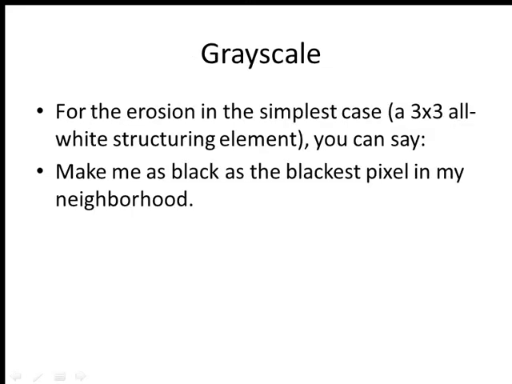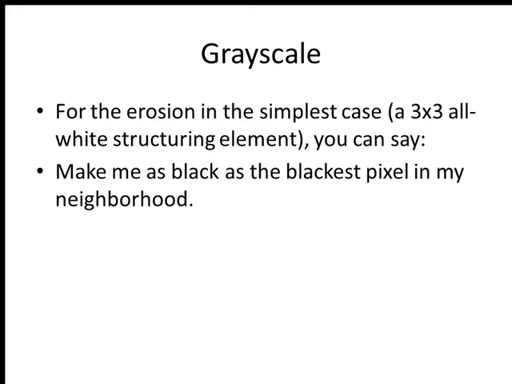Okay, so now we want to talk about grayscale. I've been talking here about binary images and not grayscale, where pixels were either black or white. But what do you do if you have a range of values? In the case of a typical image, it would be 0 to 255, but it could be any number. It could even be doubles, which is the computer approximation of a real number.